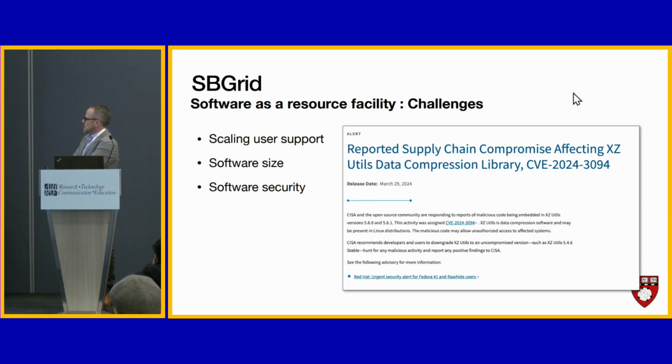And so this compression library had this code that was inserted by a malicious developer who cultivated a relationship with the maintainer of this package through social engineering and harassment, managed to work their way into that package, insert all of this code, hid this stuff in a binary test file that was supposed to be corrupt data, and then the build system would go to this file, insert it in, recognize when you're running SSH, and then recognize certain SSH keys so that the whole world would have access to every machine that's running SSH.